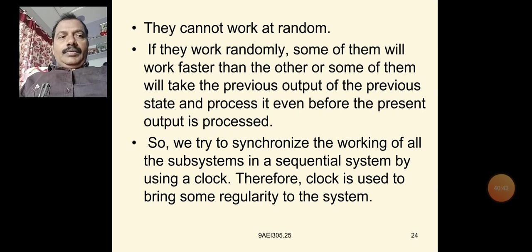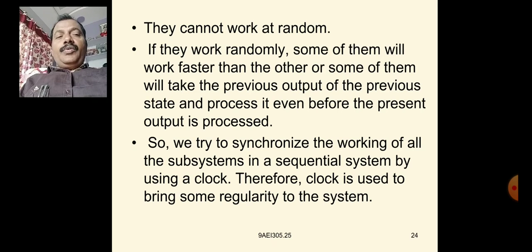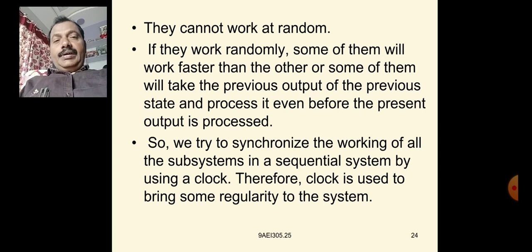So we try to synchronize the working of all the subsystems in a sequential system by using a clock. Therefore, the clock is used to bring some regularity in the sequential system. This is the important role of the clock signal.